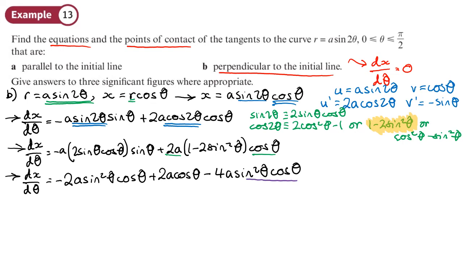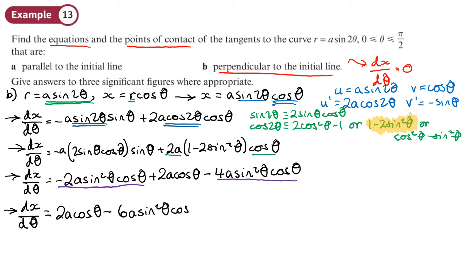I've got terms here which can go together. They are both sine squared cos theta. So simplifying, I will have dx d theta equals, let's swap them around, 2a cos theta minus 6a sine squared theta cos theta.